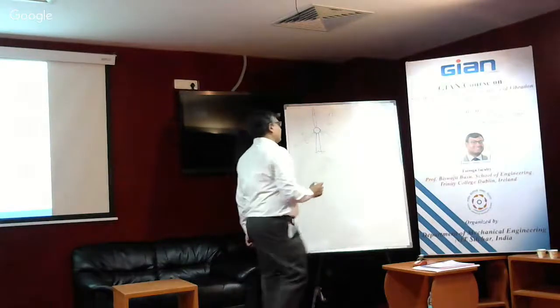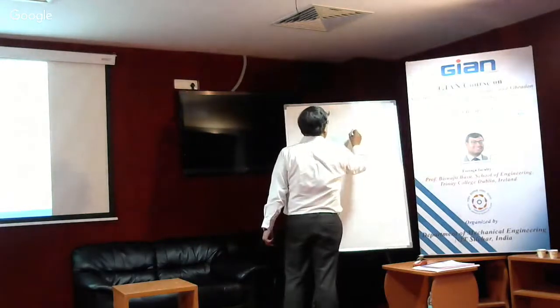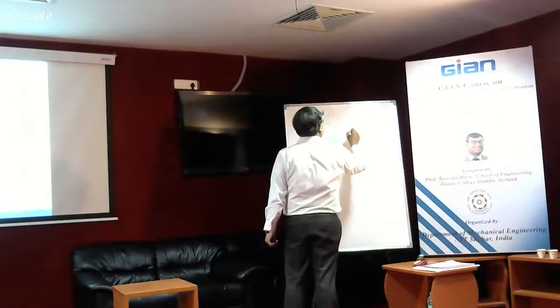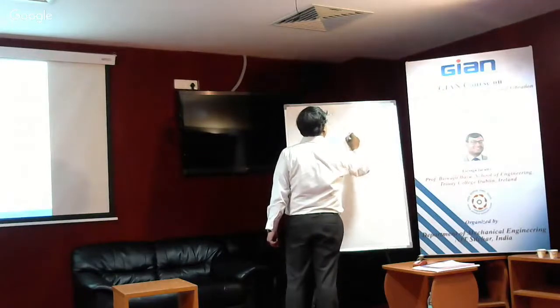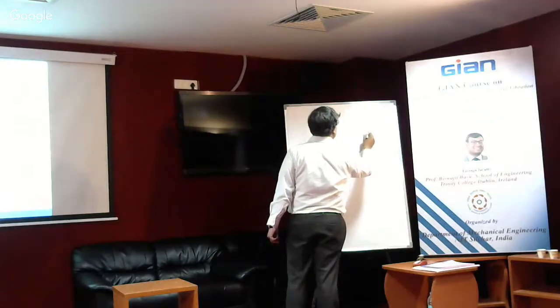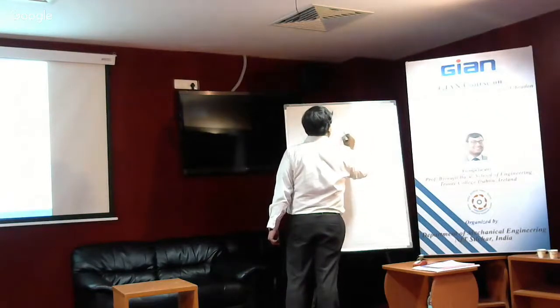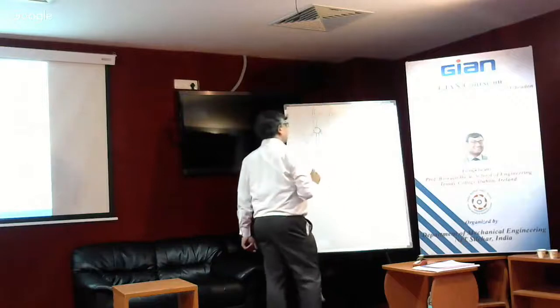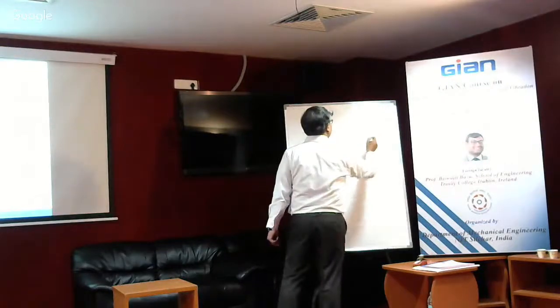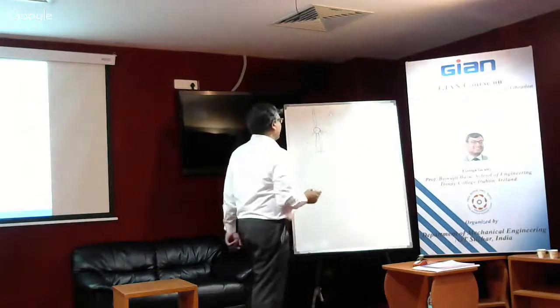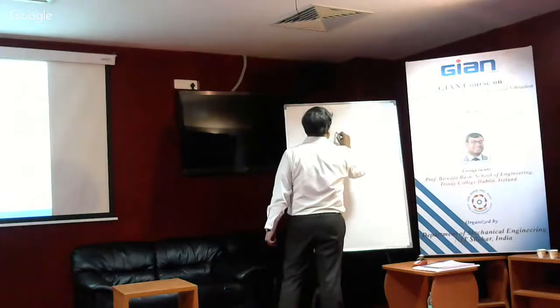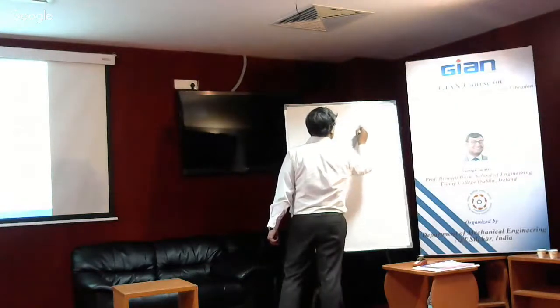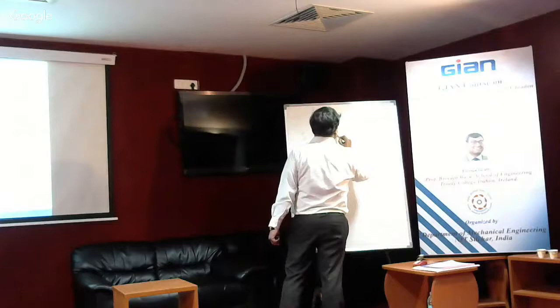So this is the cross section here. And this is the nose of the leading edge. That means this is where the wind comes and hits the blade. And this is the trailing edge. So typically, wind comes like this and then goes out like this.